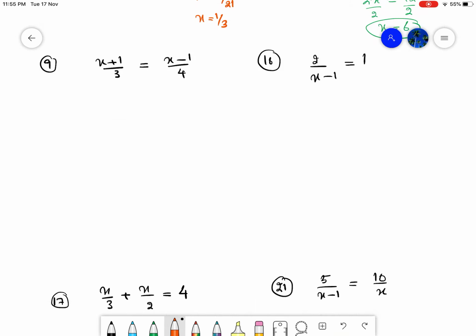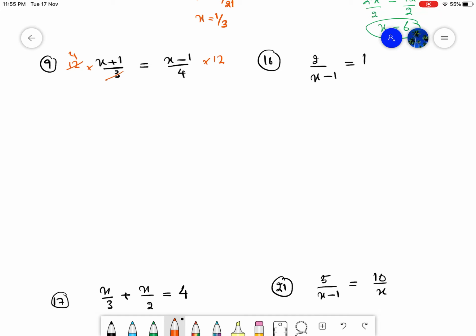In the next question, question number 9, again, we have 3 and 4 in the denominator. So 12 is their least common multiple, because 12 is divisible by both 3 and 4. So multiply both sides by 12.